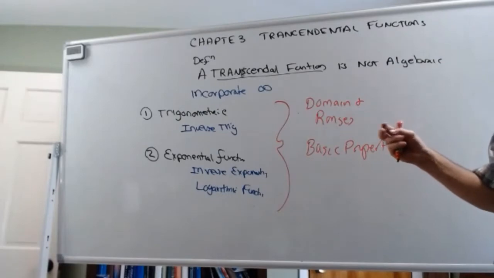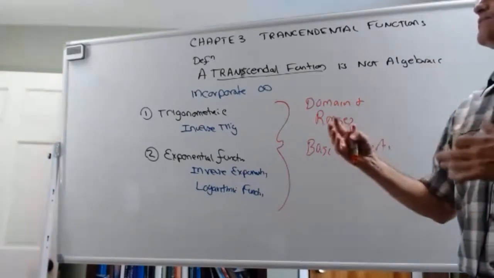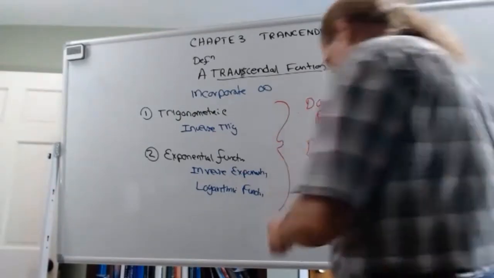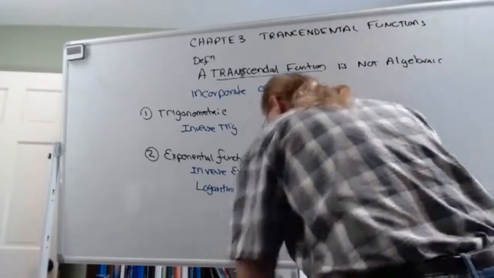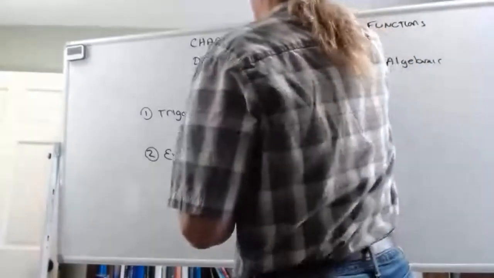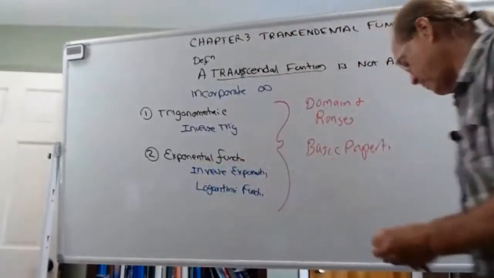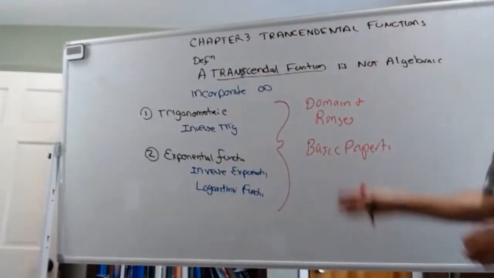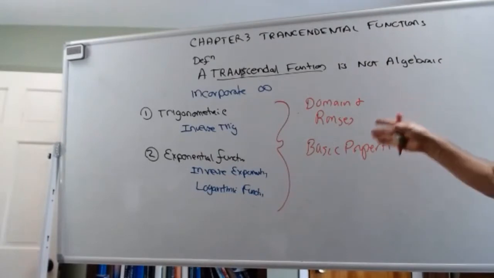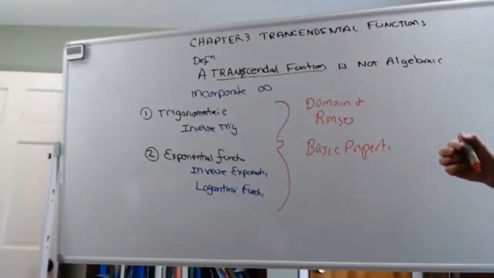The way I set this course up, I wanted to introduce all of the functions early on, and then build upon them, repeat on them over and over again, until we build up all of our functions with all the properties and all the tools we need to analyze them.